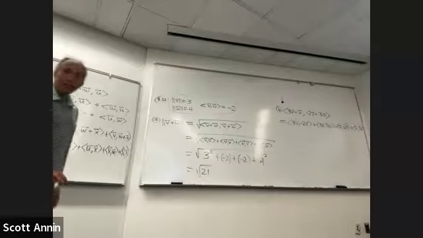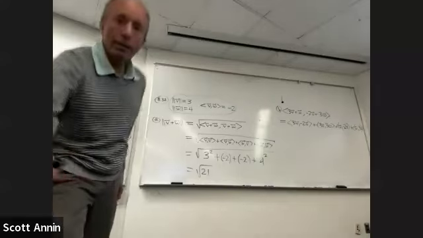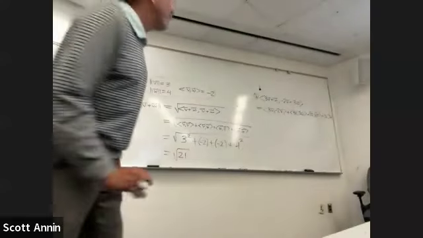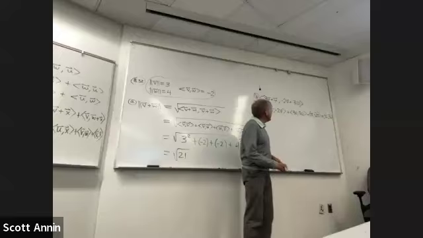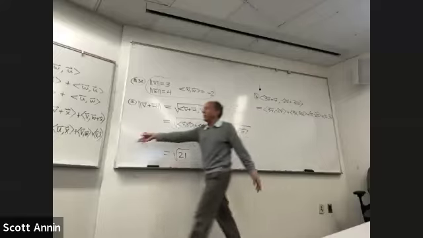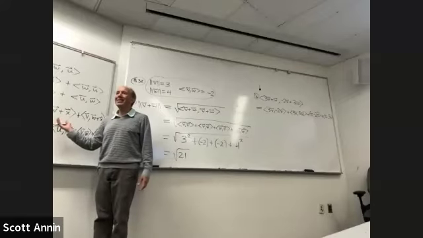So I basically FOILed out the expression that we had into 4 terms. Again, basically I'm using problem 31 to do that.